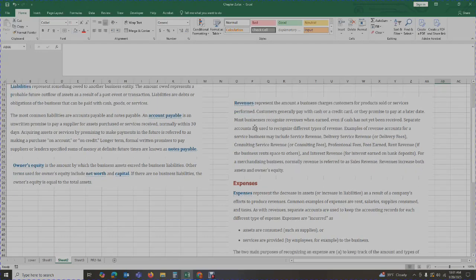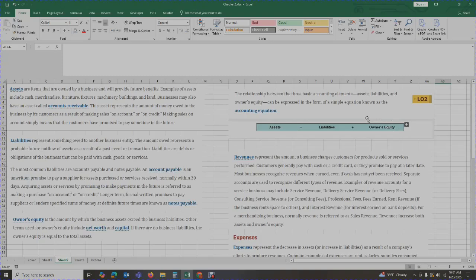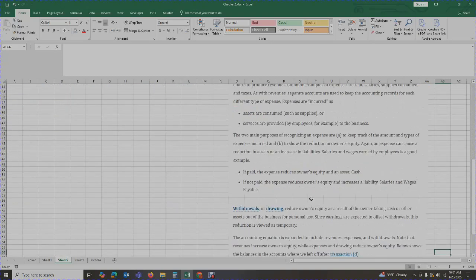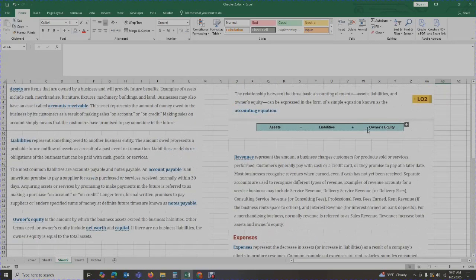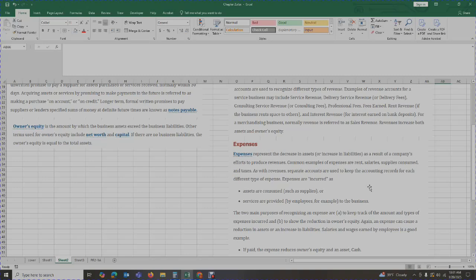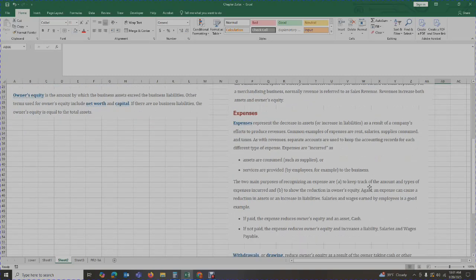Okay, so expenses also fall under the owner's equity section. So revenues, expenses, and withdrawals all fall under owner's equity. Okay, so expenses represent the decrease in assets or increase in liabilities as a result of the company's efforts to produce revenues.